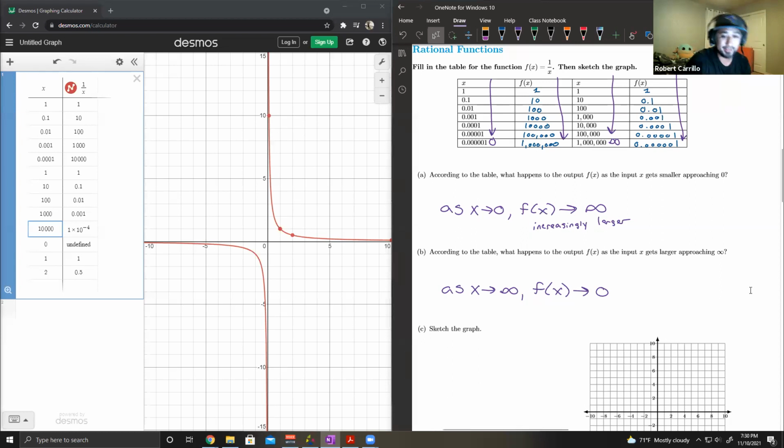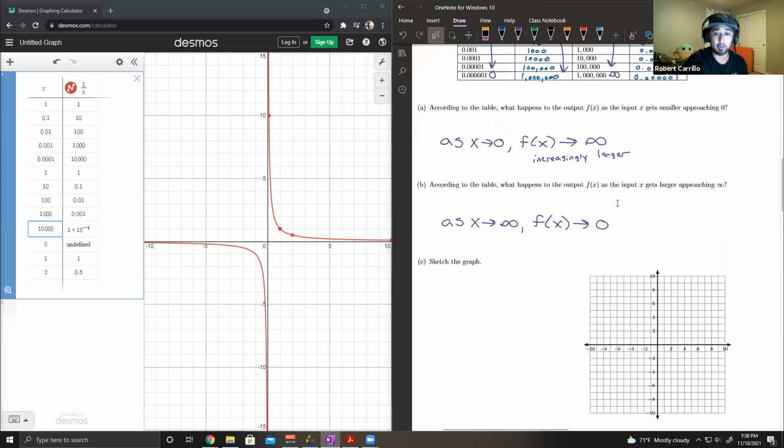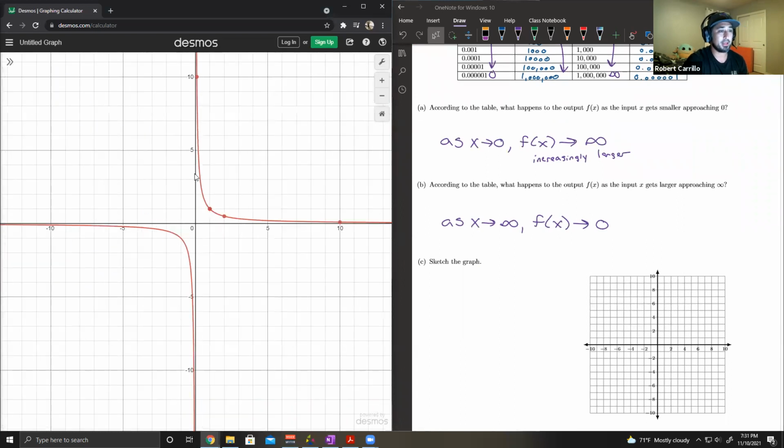Okay. Now, since we have Desmos up and we have the XY charts from above, it says to graph the function. So if I move this chart out the way, we have Desmos up and here's our function. So we have the point 1, 1.